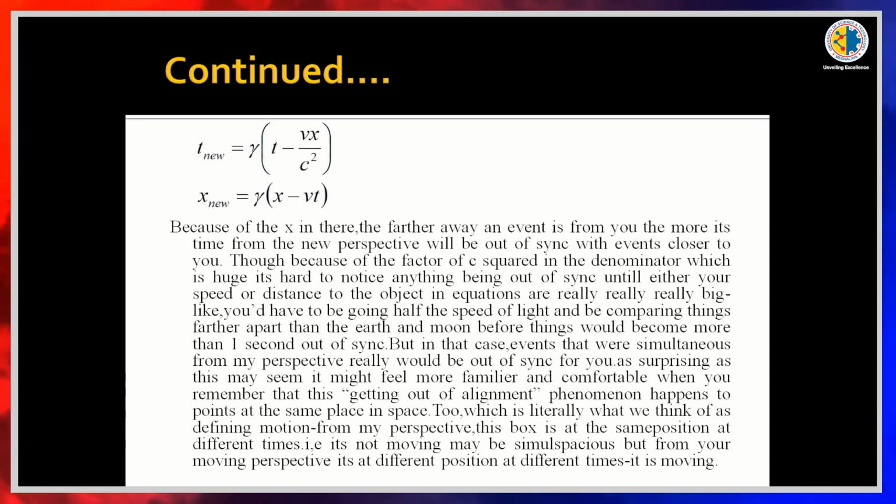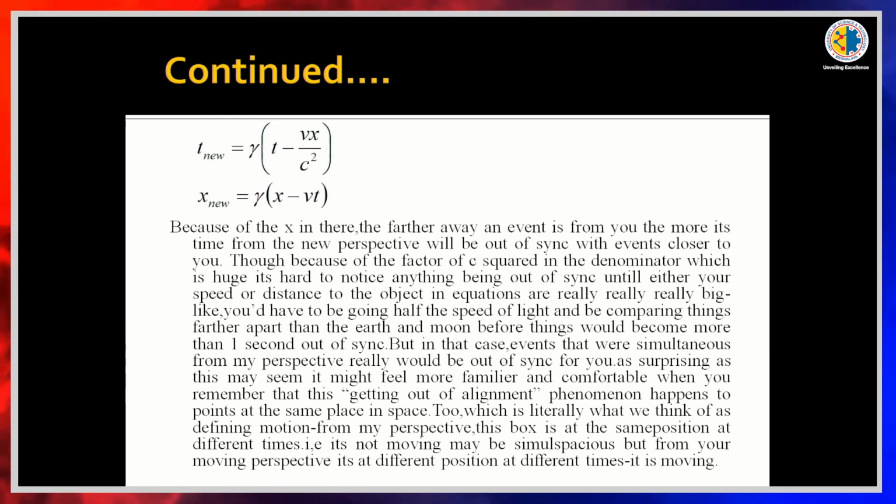Because of the x in there, the further away an event is from you, the more its time from the new perspective will be out of sync with events closer to you. Though because of the factor of c squared in the denominator, which is huge, it is hard to notice anything being out of sync until either your speed or the distance to the object is really big.